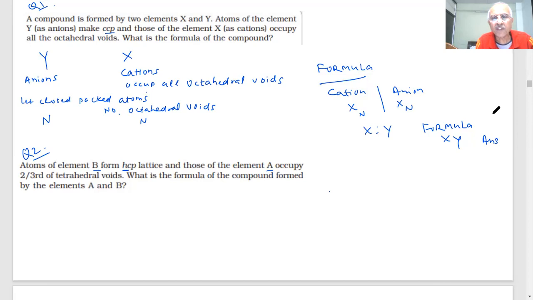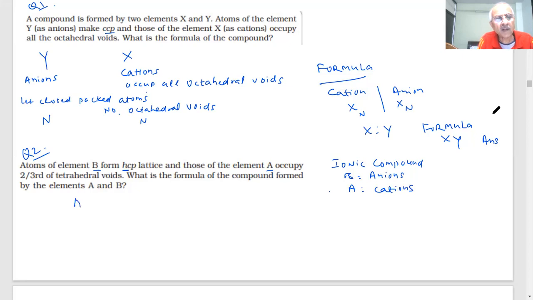How will we solve such a question, student? It is likely to be there in the paper. Atoms of element B form HCP. That means B, these are ionic compounds, I told you. So B is an anion that is larger in size, and A are your smaller size cations.